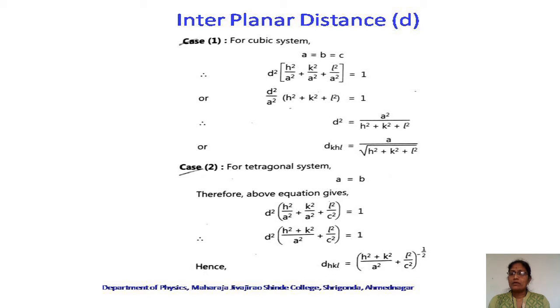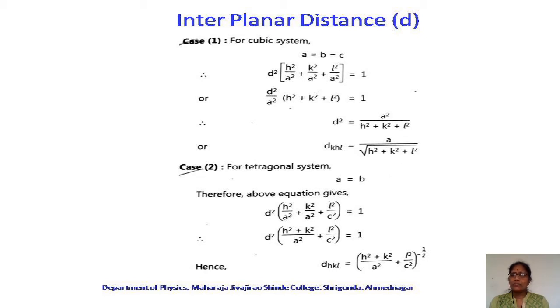Now suppose the system is a tetragonal system. In case of tetragonal system, we know that a equals b not equal to c and all angles are equal to 90 degrees.